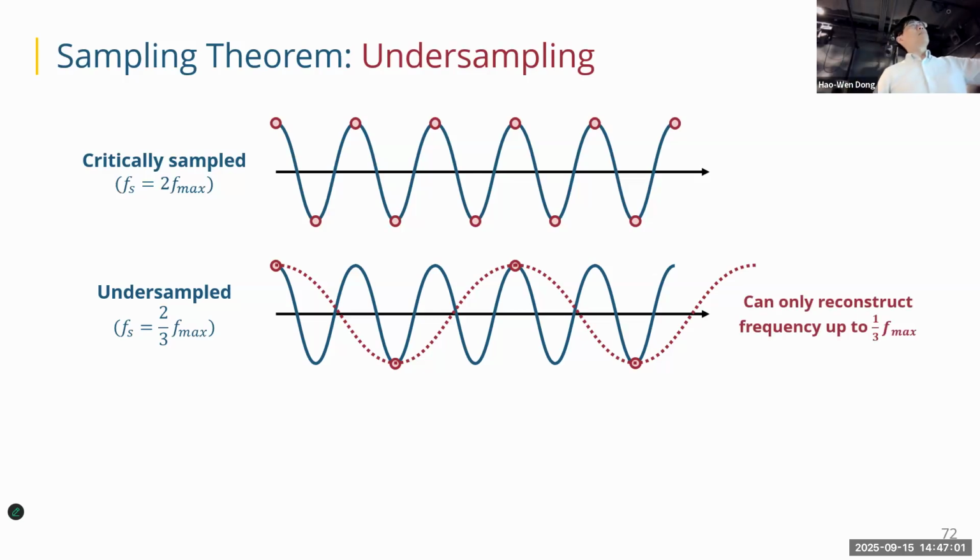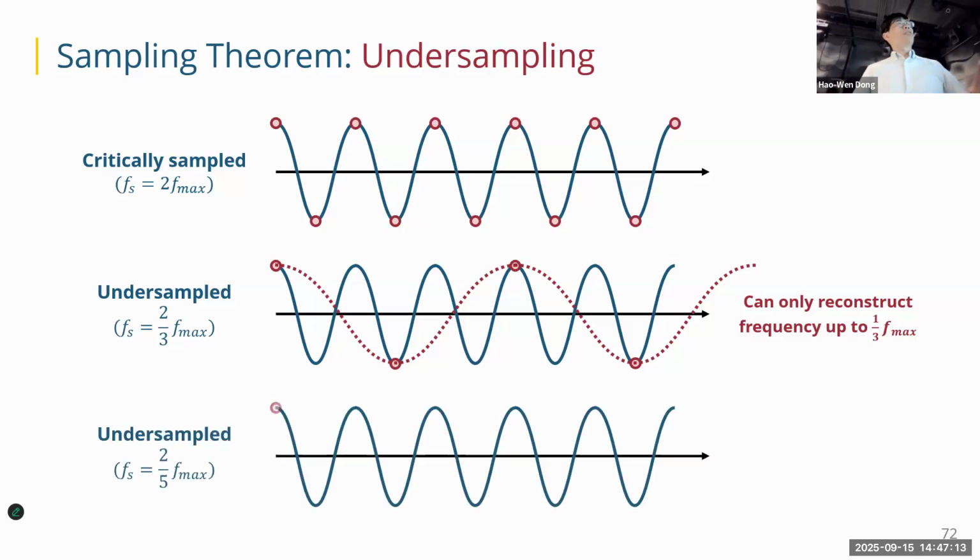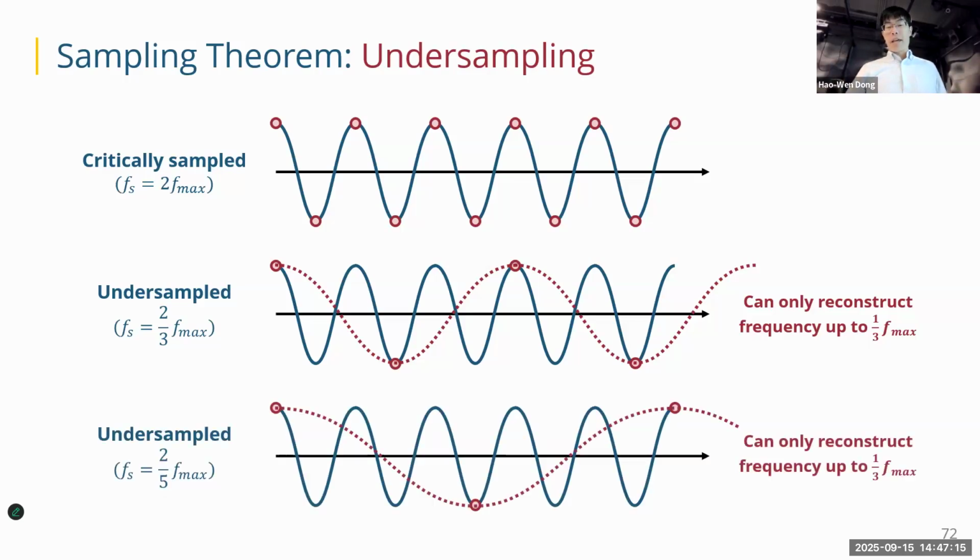It could be 2 times, it could be 3 times, who knows? So the minimum sampling rate needed is 2 times the frequency that you want to detect. This is what we call the sampling theorem, and that's called the Nyquist rate.